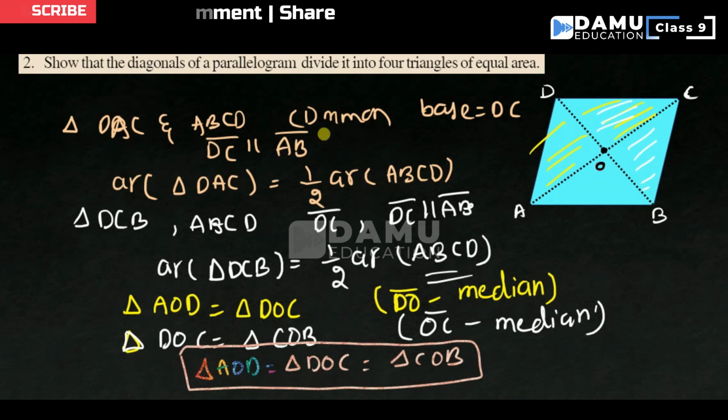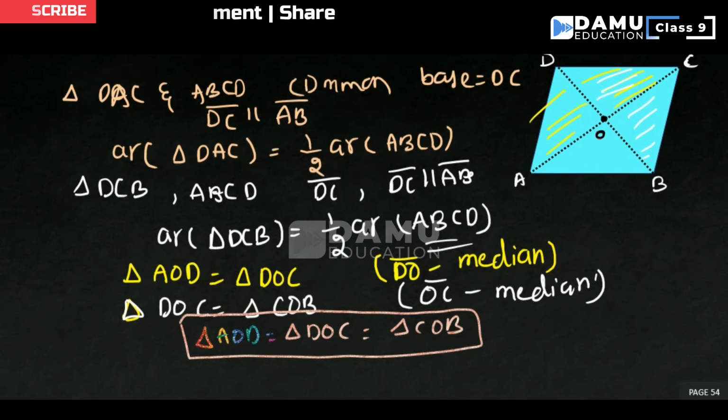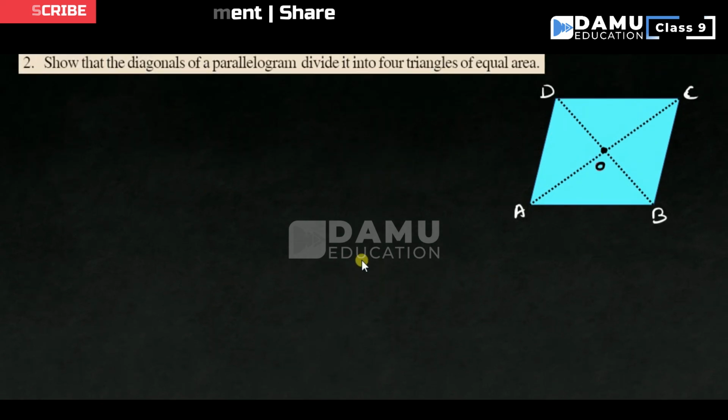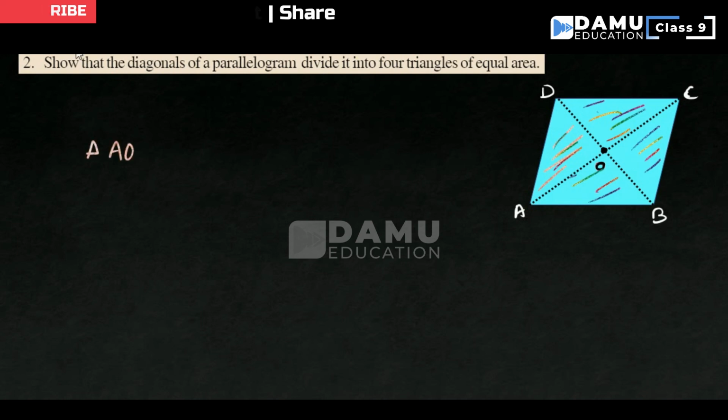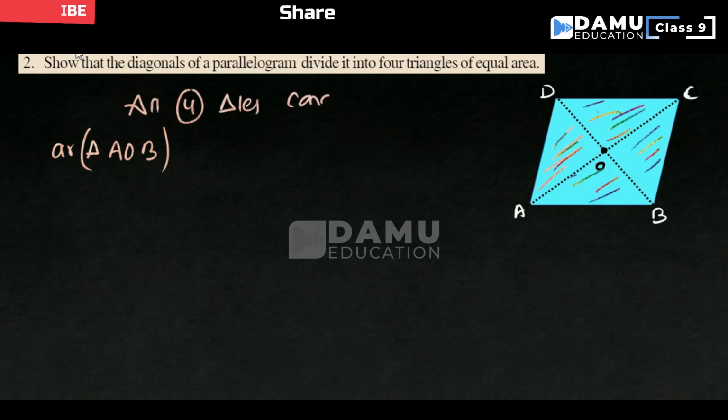Finally, all the triangles are equal in area, that is, all four triangles are equal to each other.